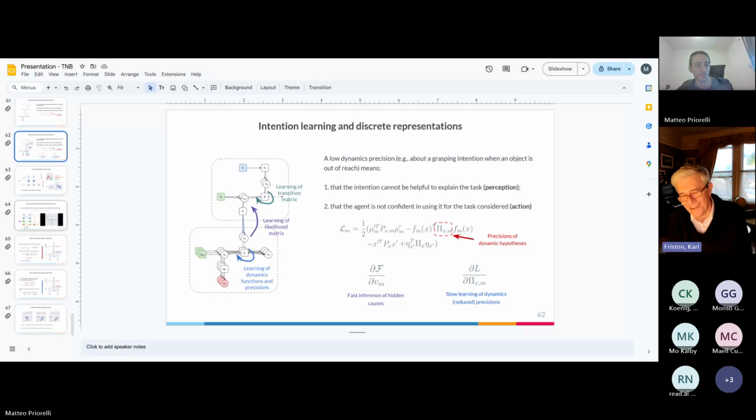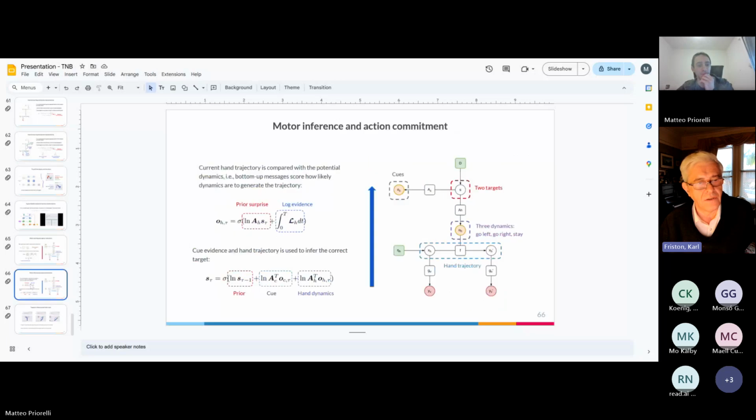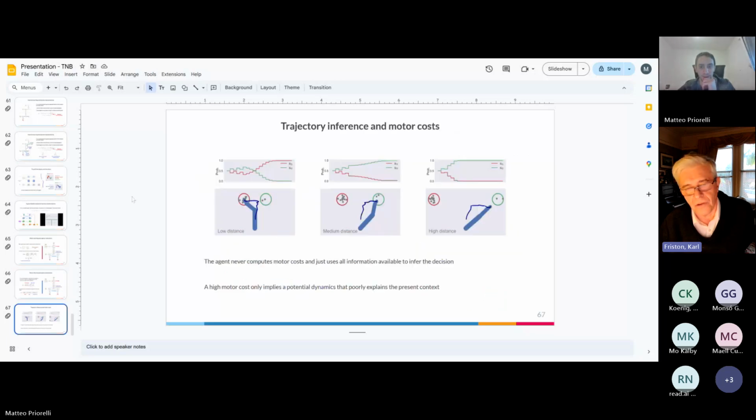Excellent. Okay. Well, so you've answered your own questions there. You described precisely what we were doing. Yeah, I mean, learning the precisions in discrete state-space models is very trivial. It's much easier than getting the Kalman gain right in the continuous state-space model. So you should be able to demonstrate a lot of interesting things.